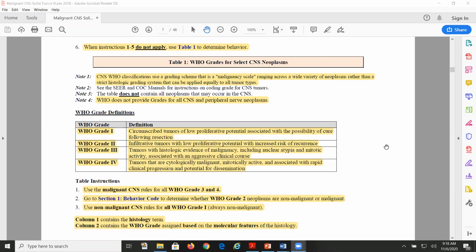All WHO grade 1s are non-malignant. WHO grade 2 can be malignant or non-malignant. So you would need to go through your rules that we just discussed earlier. And if none of the rules apply, then you need to follow back with your pathologist or your registry advisor.